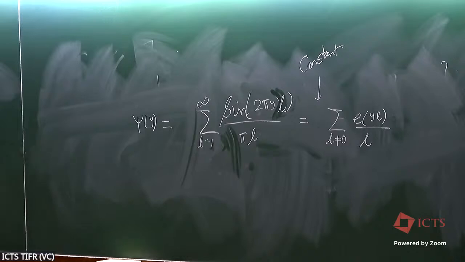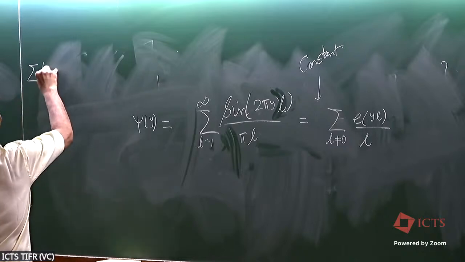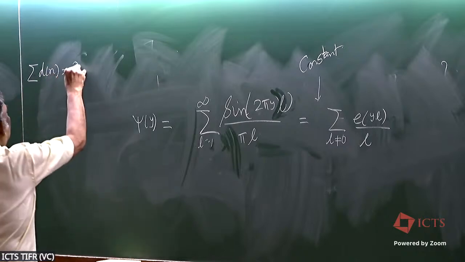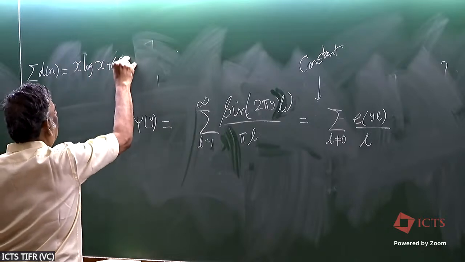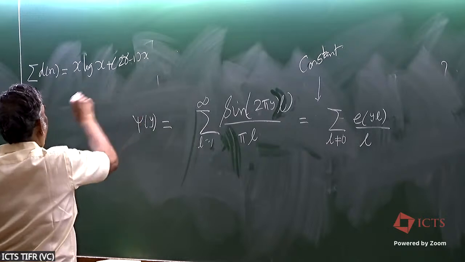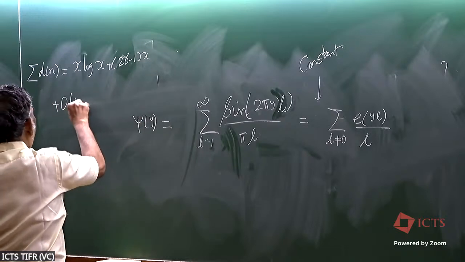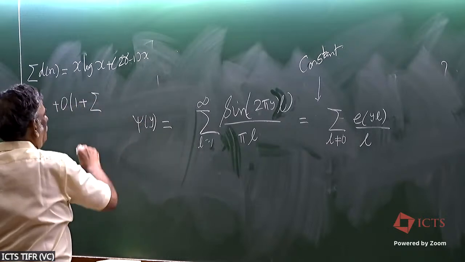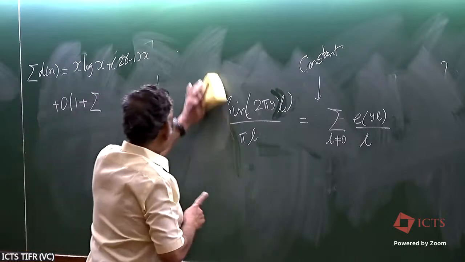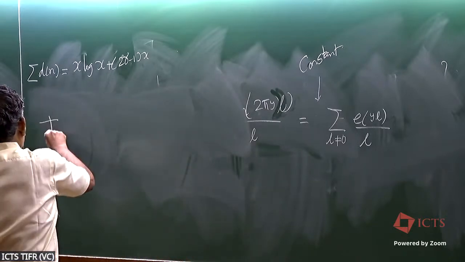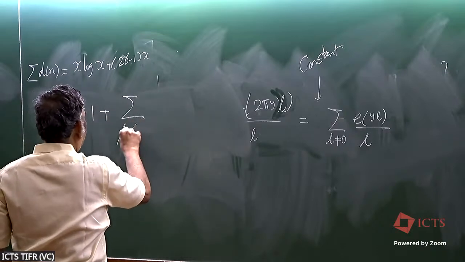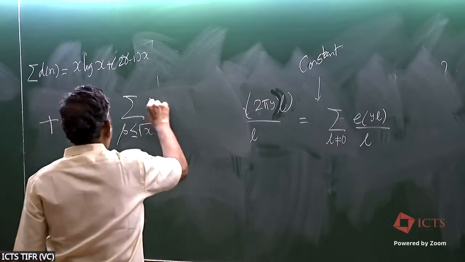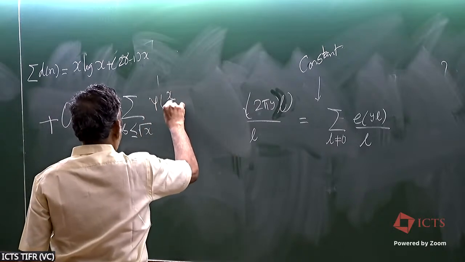And for example, in this particular problem, this would give you, for example, summation d(n) is equal to x log x plus (2 gamma minus 1)x plus O of 1 plus summation over s less than or equal to square root of x of psi of x over s.